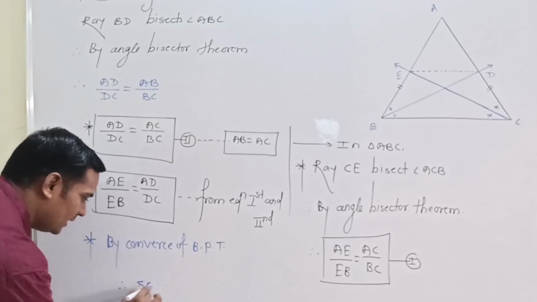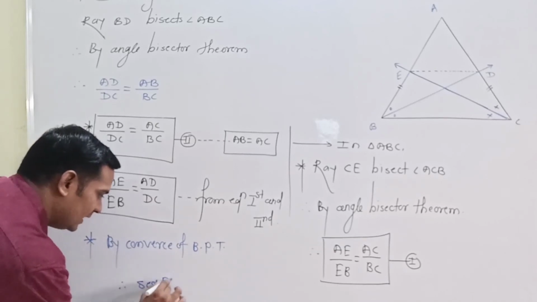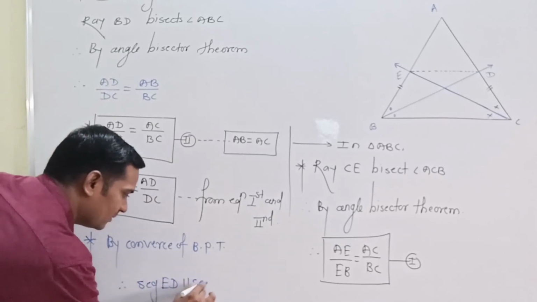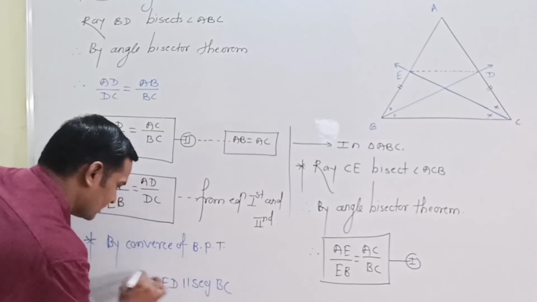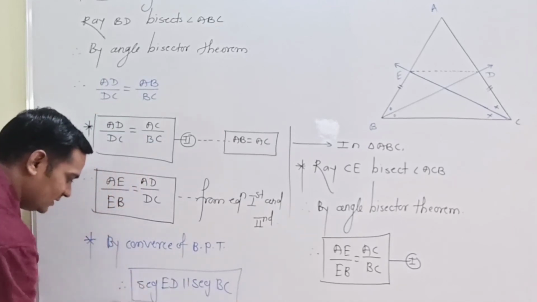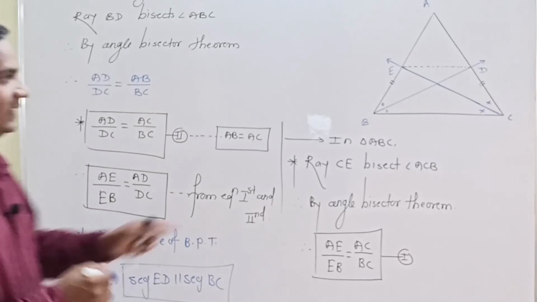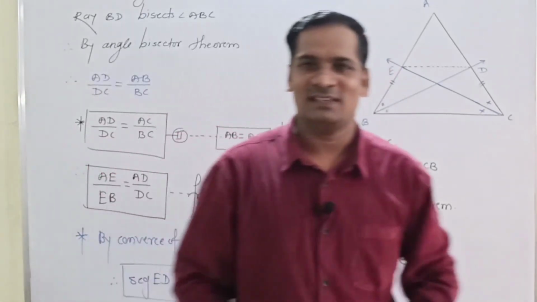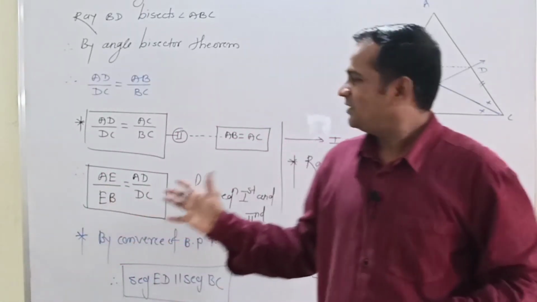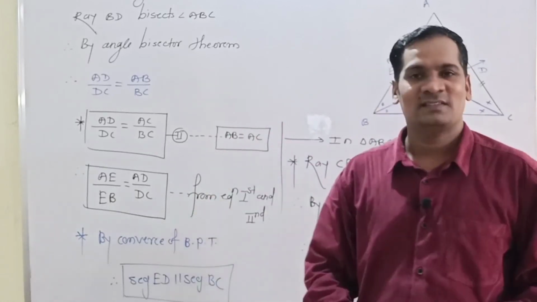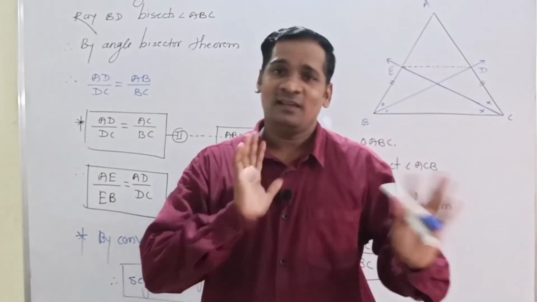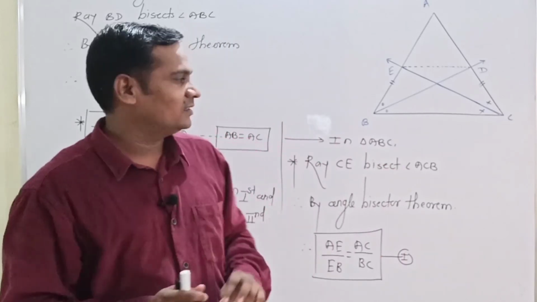Therefore, segment ED is parallel to segment BC. In this way, easily we can prove that ED is parallel to BC. How simple is this? By using converse of basic proportionality theorem and angle bisector theorem.